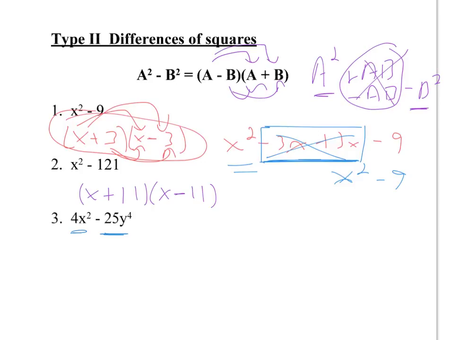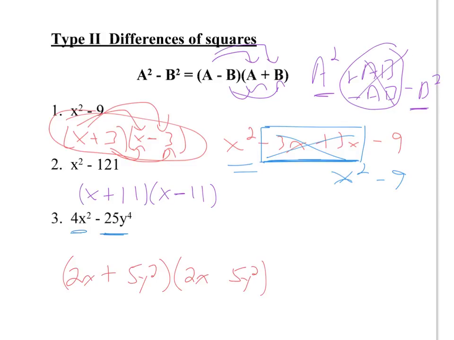So we're going to build our houses. I have 2x, 2x, 5y squared, 5y squared. One of these is going to be plus, one of these is going to be minus.